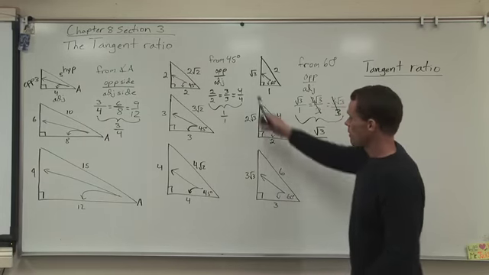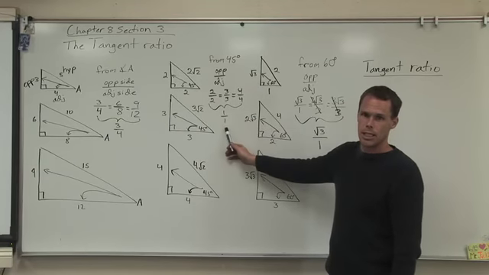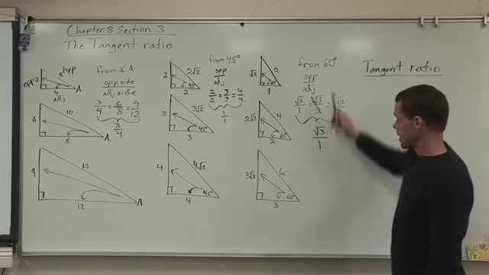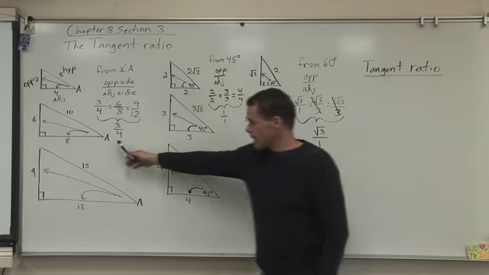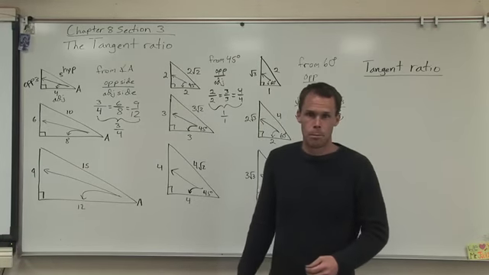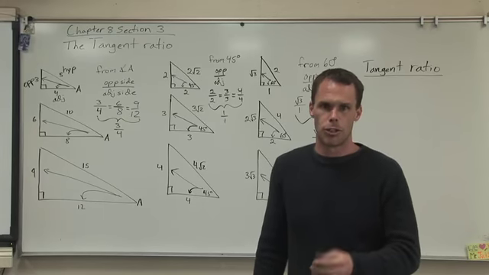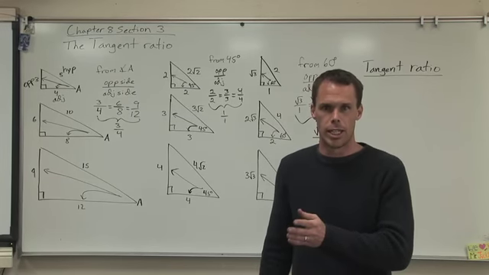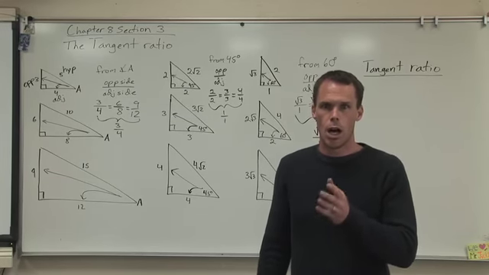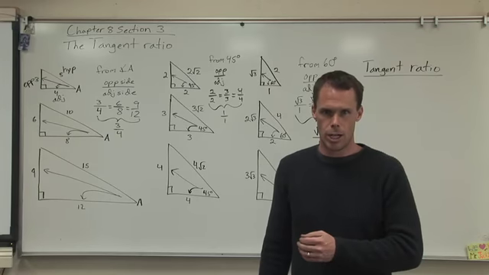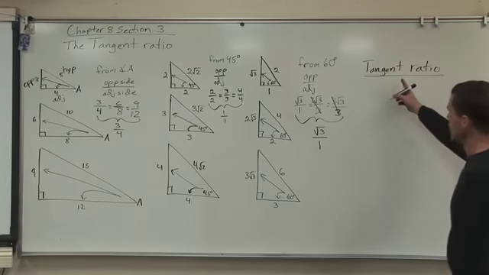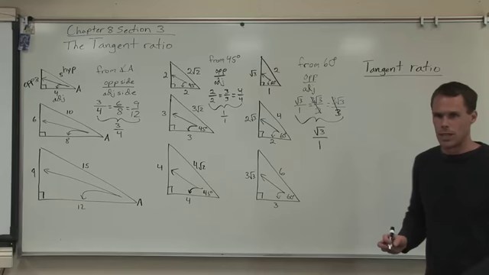It appears 45 degrees has its own opposite to adjacent ratio, 60 has its own, and whatever this angle A is, it has its own. It turns out every single angle measure from 0 to 90 degrees has its own opposite to adjacent ratio. And that is what the tangent ratio represents.